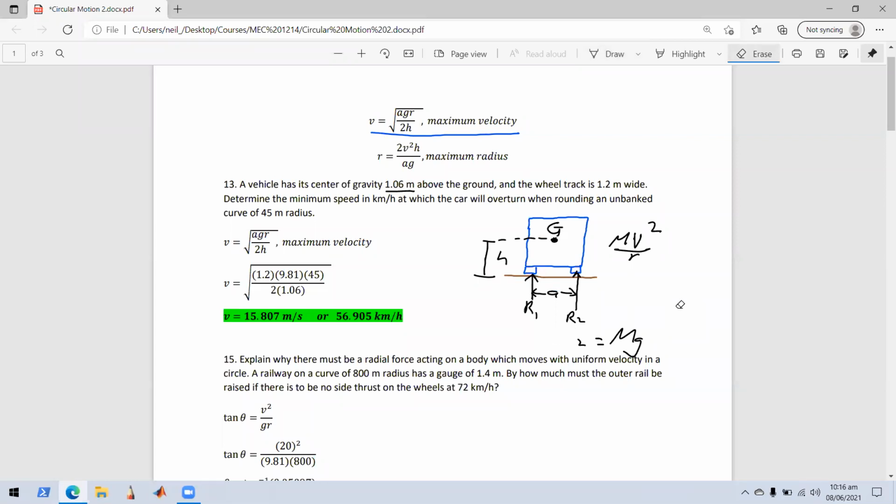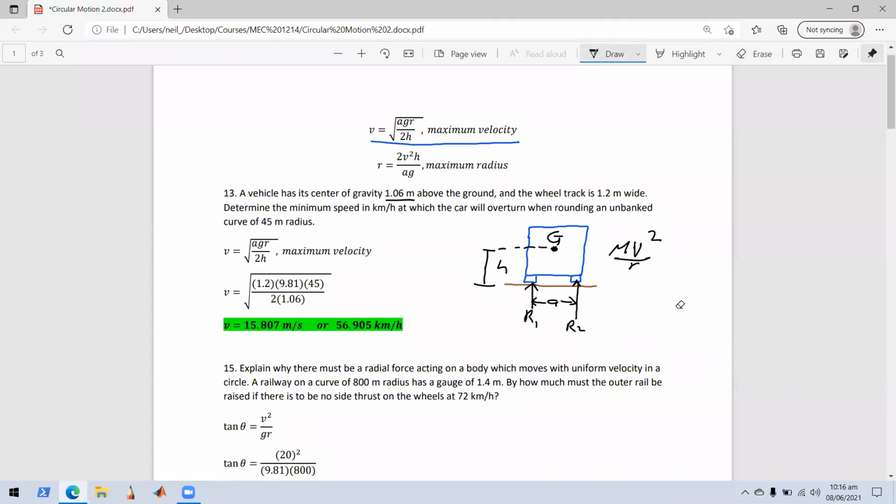Now what we can do is take moments about a particular point, about this particular point G, the center of gravity, and characterize all the forces. Now we know the centripetal force comes from friction, and the tires are contacting the ground. So this centripetal force here is actually coming out here, right? And we can call that F, right? So we can say something like this.